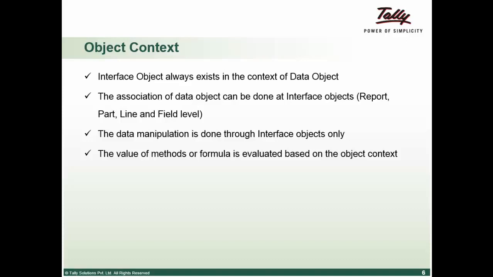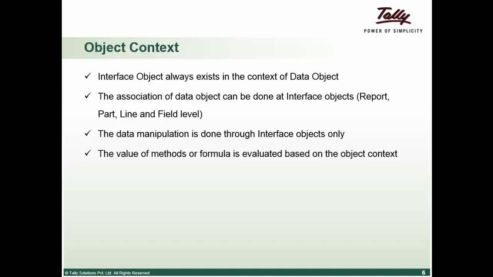This means if the data object context is not available at the current interface object, it inherits its data context from its parent. In case there is a data object specified at the interface, say a report is also having an object association and part is also having an object association, then the provided value will be evaluated based on the object available at part level.